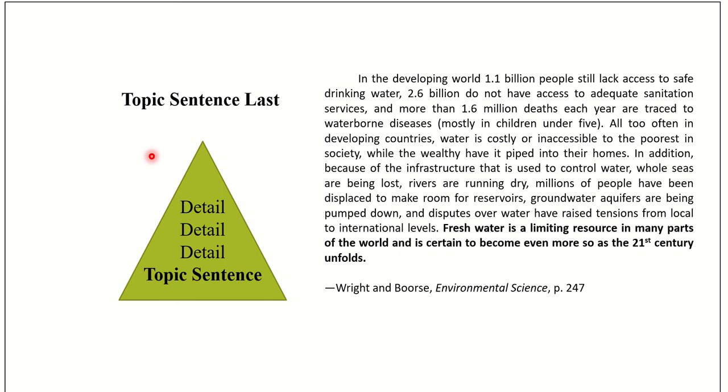In addition, because of the infrastructure that is used to control water, whole seas are being lost, rivers are running dry, millions of people have been displaced to make room for reservoirs, groundwater aquifers are being pumped down, and disputes over water have raised tension from local to international levels.